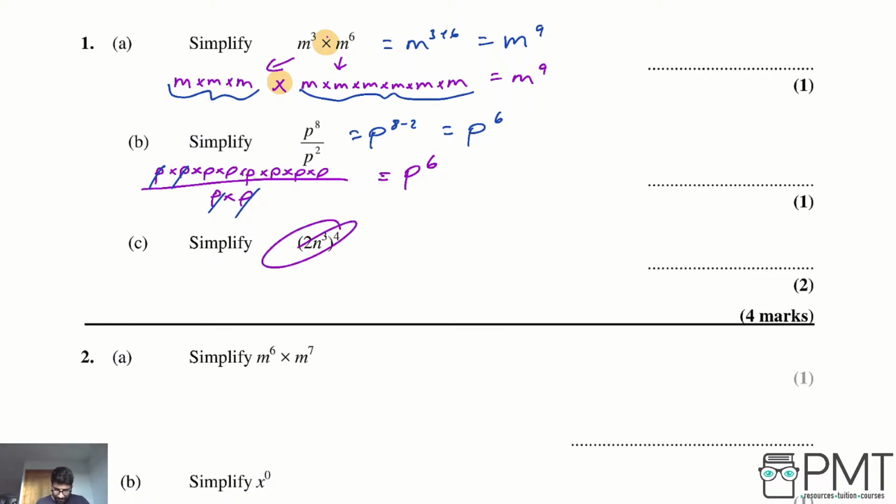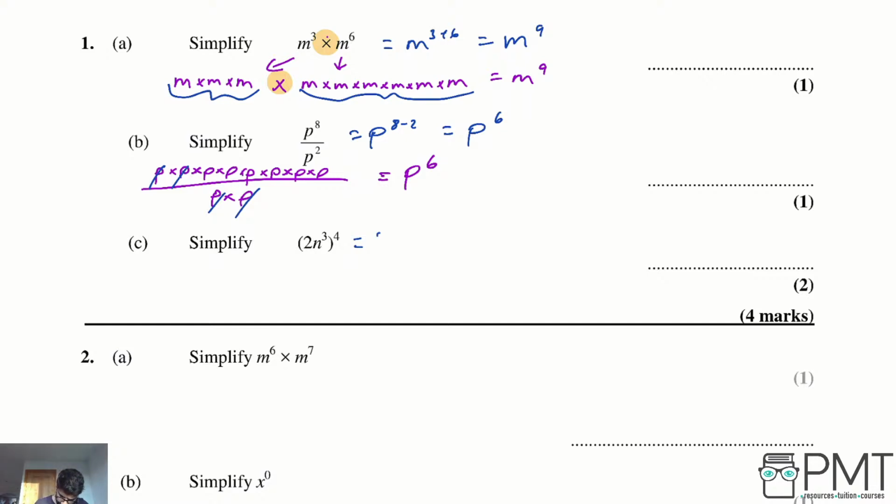Then let's apply the rule here. Firstly, it's not a simple case of x to the a to the b. We have more stuff in the bracket. So how does this work? Can someone tell me, when you have two terms inside the bracket, what happens?